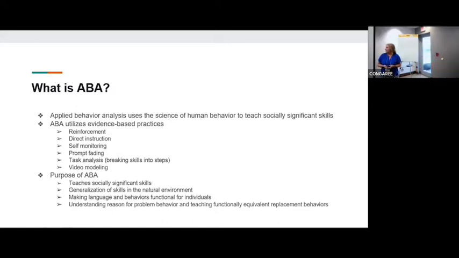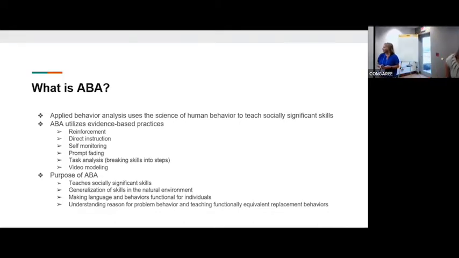So the purpose of ABA though is really to target those socially significant skills, and a huge part of it is to generalize those skills. So not only do we work on them in the school setting or that one-on-one setting, but we don't say that a skill is fully mastered until the student is able to take it and use it in their natural environment.